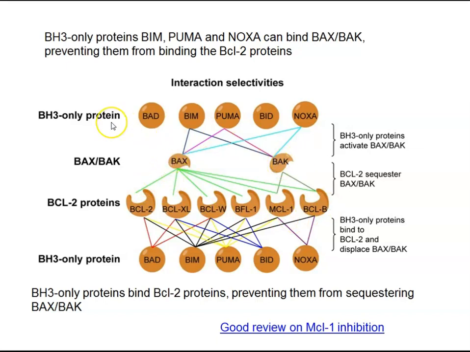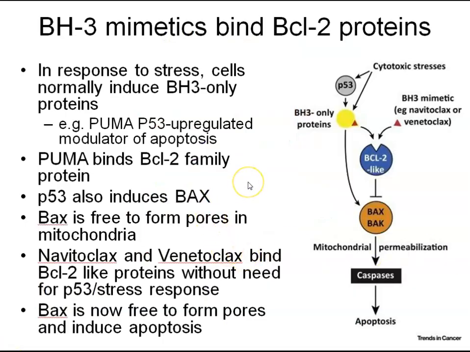But then we've got these BH3 only proteins, BAD, BIM, Puma, BID, and Noxa, which can effectively mop up and sequester BCL2 related family members on the mitochondrial membrane, allowing BAX to do its job. So the job of the BH3 only proteins, in response to stress, is that they are expressed and they bind to the BCL2 like proteins or BCL2 itself.